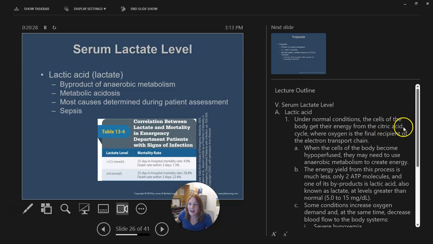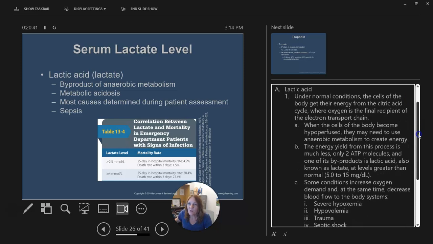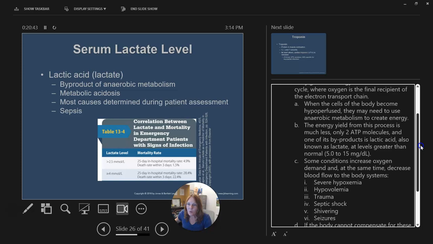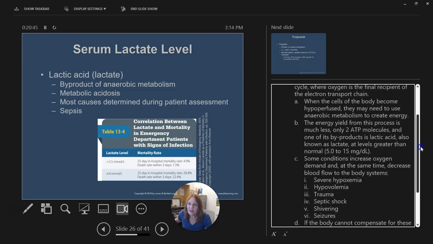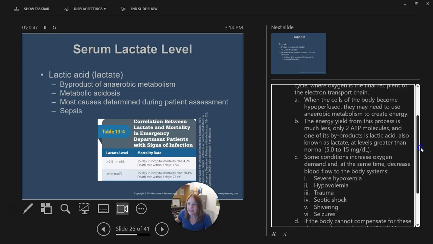Our serum lactate level, lactic acid. Under normal conditions, the cells of our body get their energy from the citric acid cycle, where oxygen is the final recipient of our electron transport chain. When the cells of the body become hypoperfused, they may need to use anaerobic metabolism to create energy. Anaerobic, meaning without oxygen.